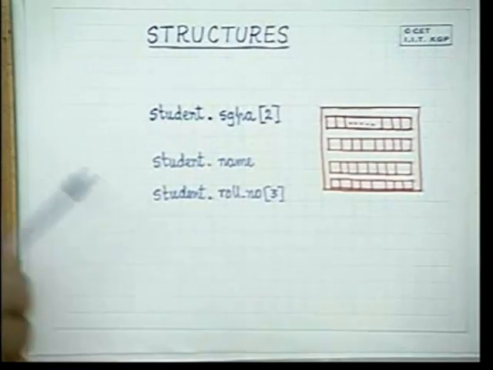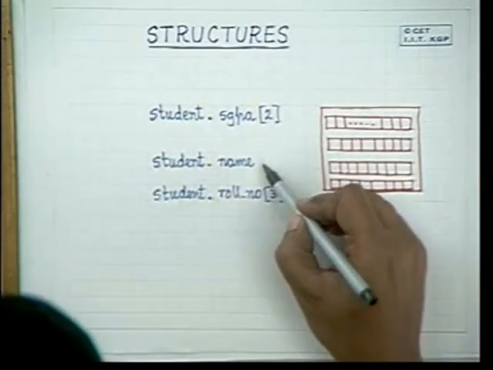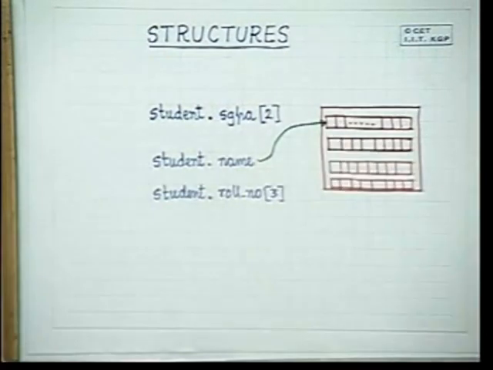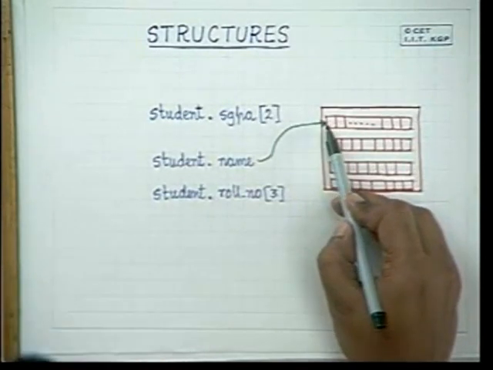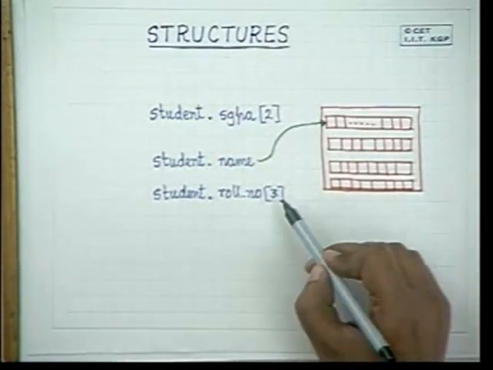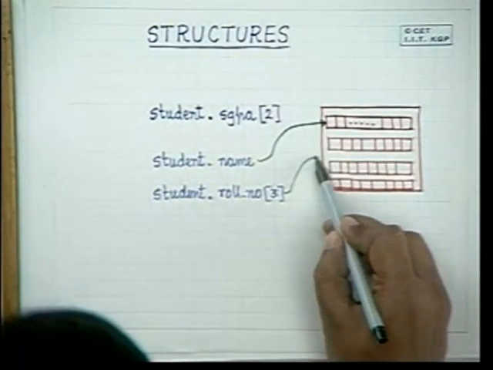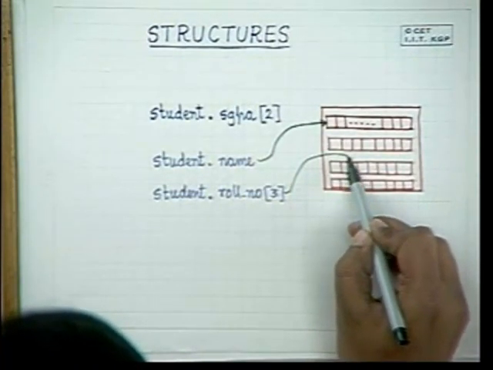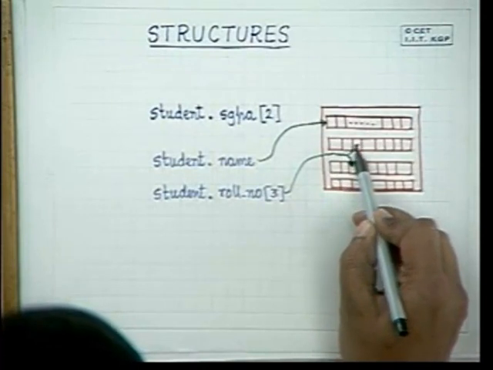Now student dot name is a pointer here. It points to the start of this array. Student dot roll number 3 is this element. Sorry, roll number 3 is this element.